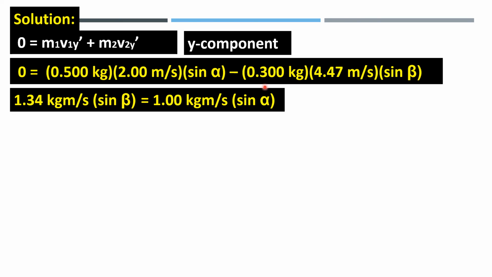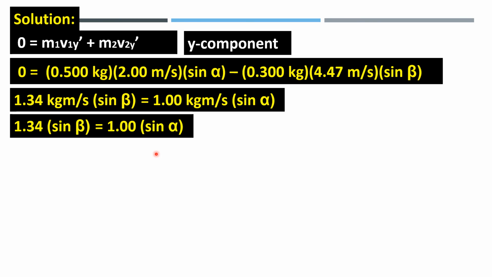This one here was written on the left side. 0.3 times 4.47 actually gives you 1.34, and sine beta is also put down here. And just like what we did earlier, for the meantime, we get rid of the units to make it look simpler.